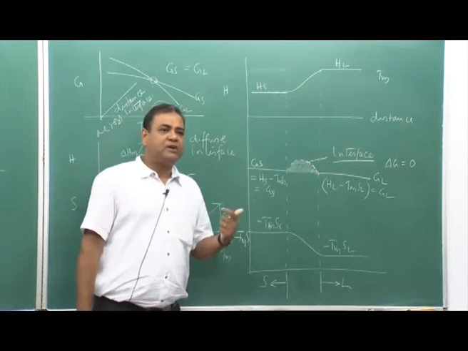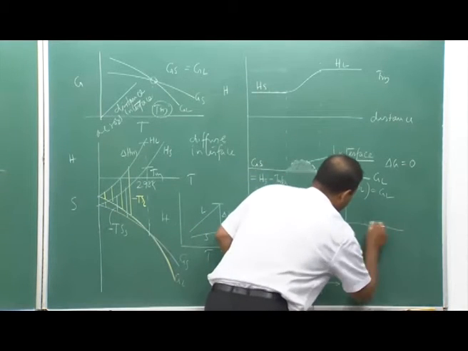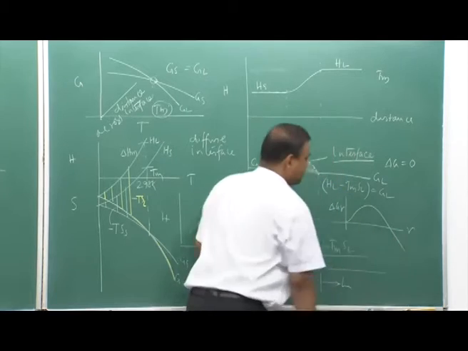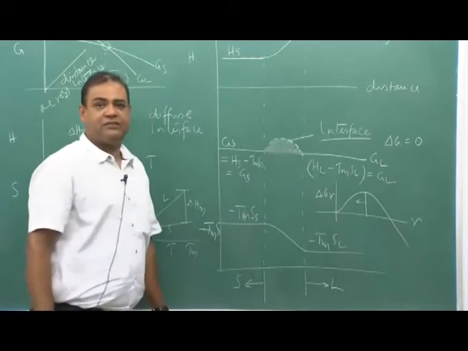Rather, what would happen there, as we have seen in our discussion, if you see this particular variation of delta G_r as a function of r, those points would always lie on the left side of this.